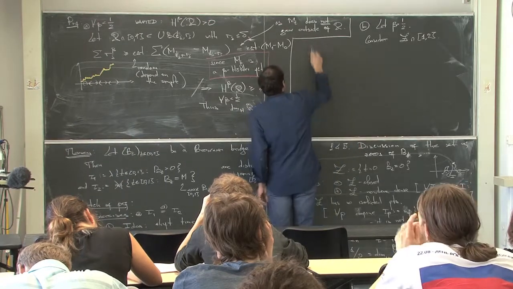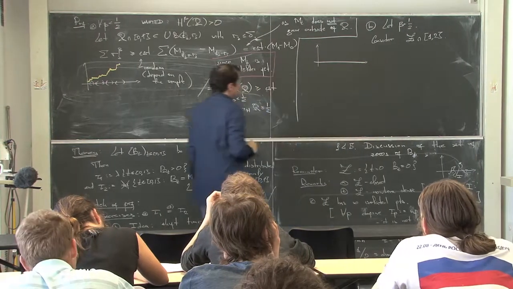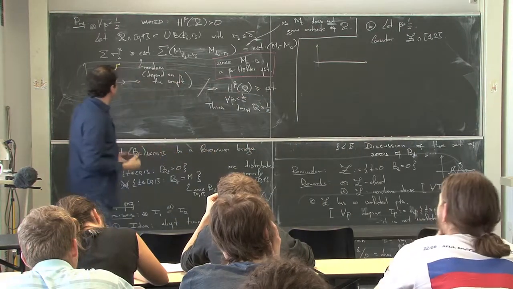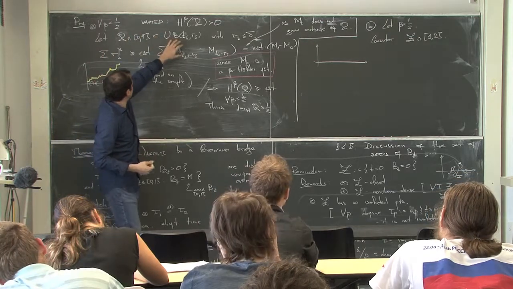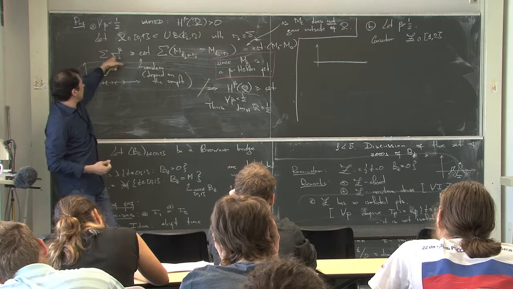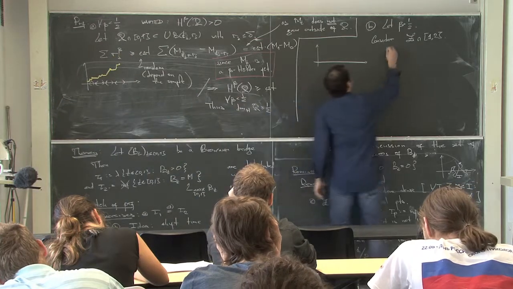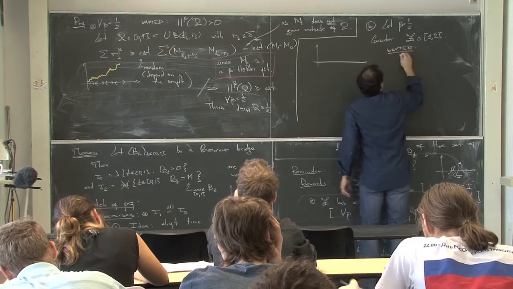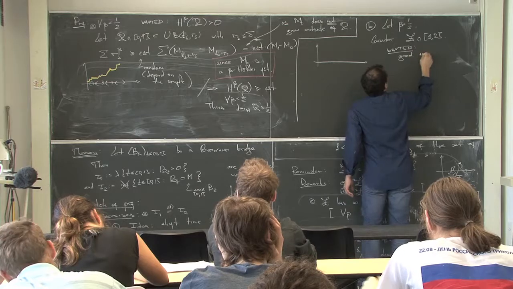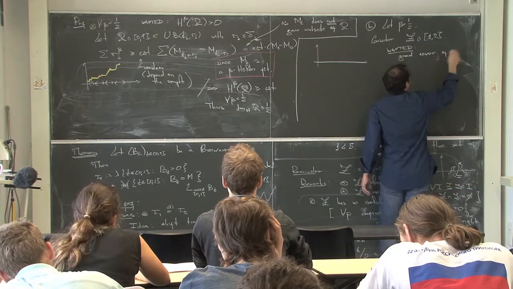So what we need to find is a good cover. We need to cover this set so that the sum of R to the beta is small. So we wanted a good cover of this set.